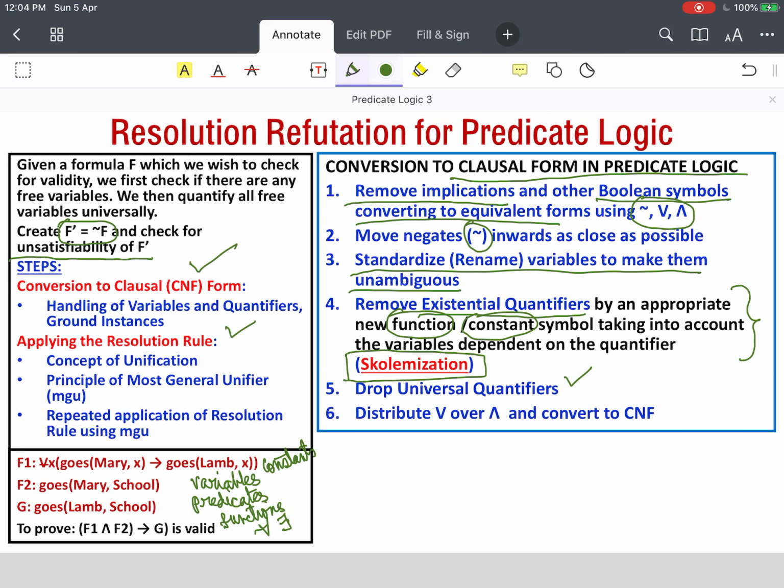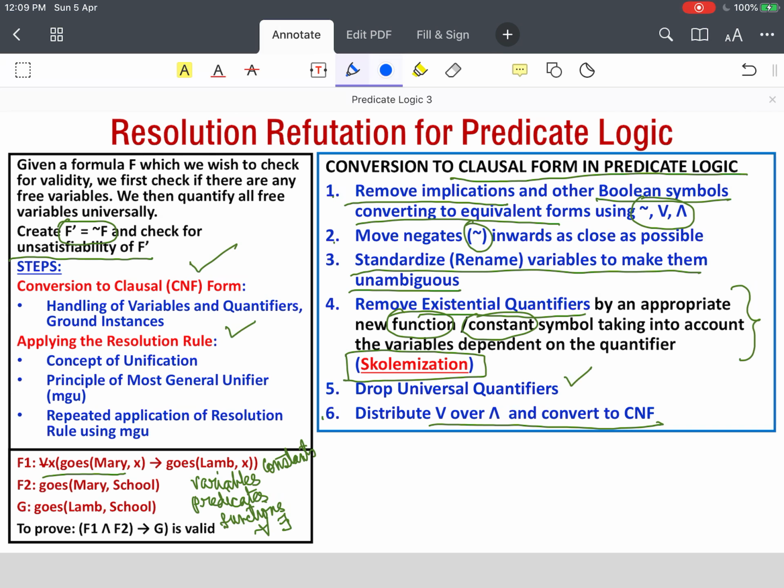Once you have removed the existential quantifiers, you drop the universal quantifier, so you have a quantifier free formula, assuming everything to be universally quantified, and then again you apply the distributive law. So we used steps 1, 2 and 6 in propositional logic. We will now use all the steps in first order.